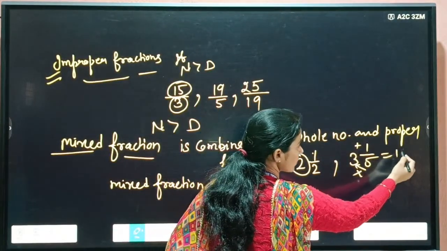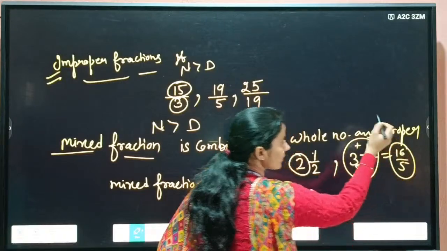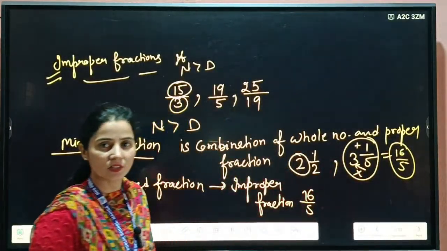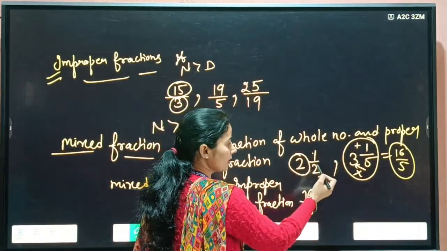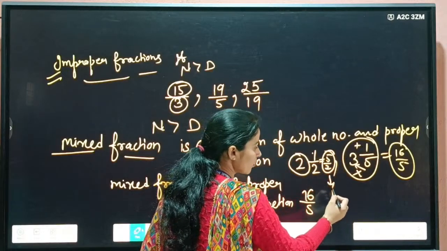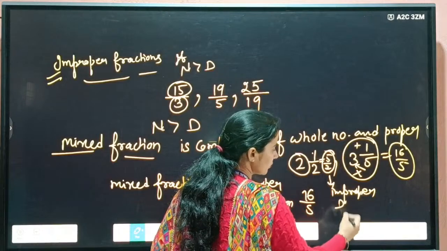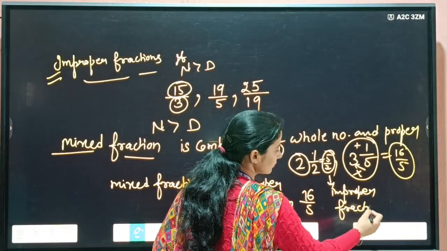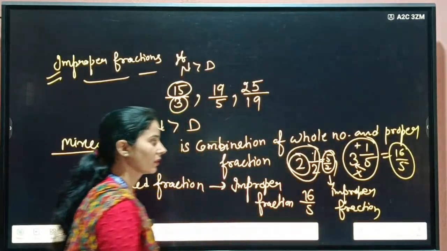This will be equal to 16 by 5. This is the mixed fraction and this is the improper fraction. Similarly, 2 twos are 4 plus 1, it is 5 by 2. This is the improper fraction and this is the mixed fraction.